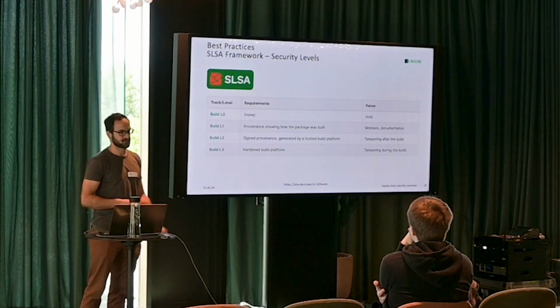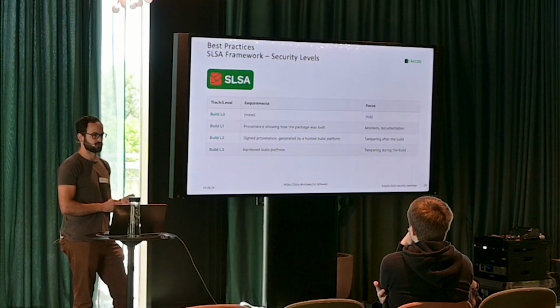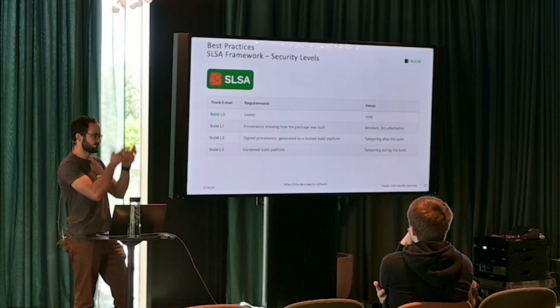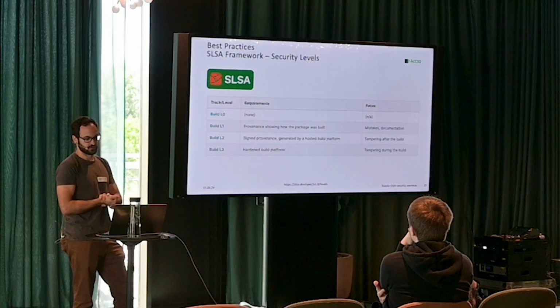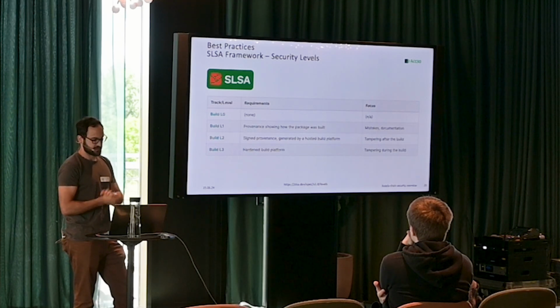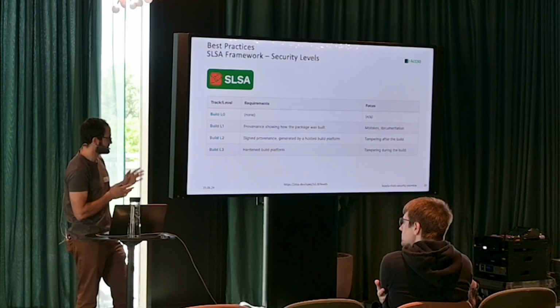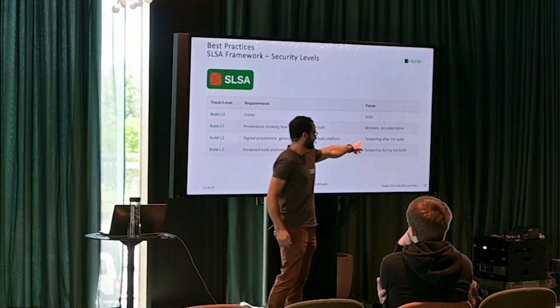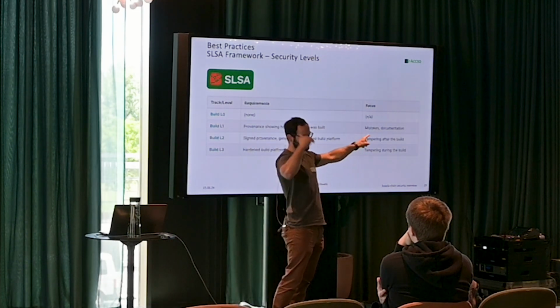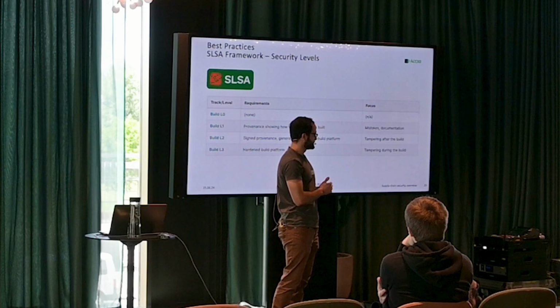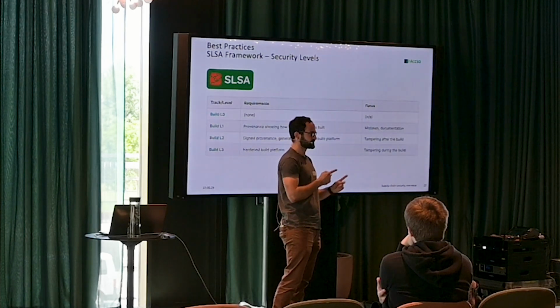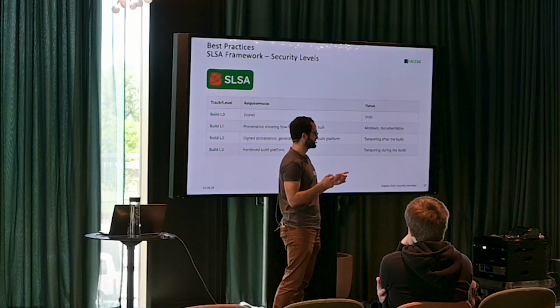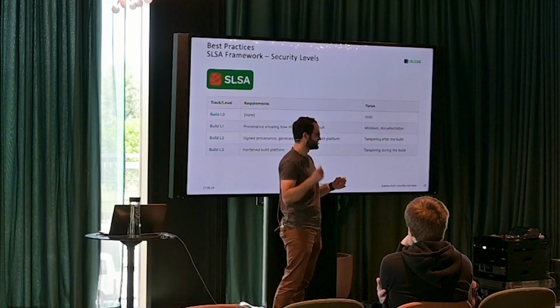Level 3 is insanely hard because you actually need to make sure that your runner is completely encapsulated, can't be accessed anywhere, and yeah, it gets harder and harder, but it helps you with tampering after the build. So if your code is uploaded in Artifactory, if somebody changed this package, we can make sure, no, it's not from me, so I shouldn't use it.